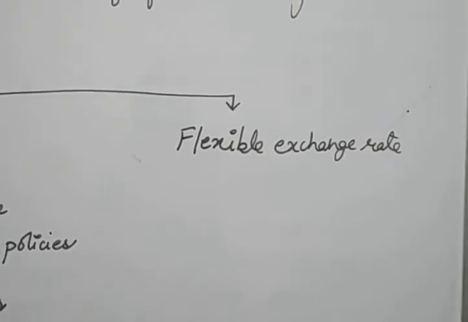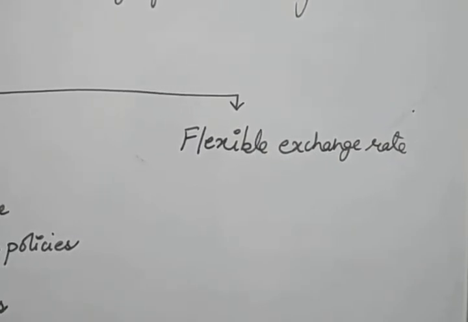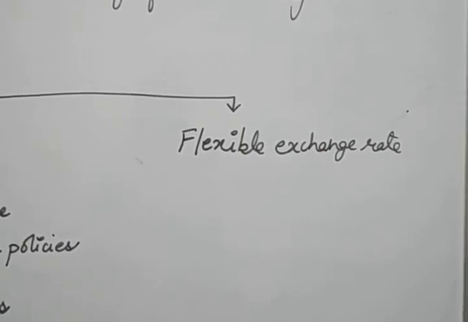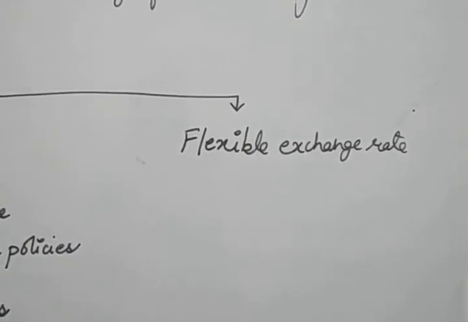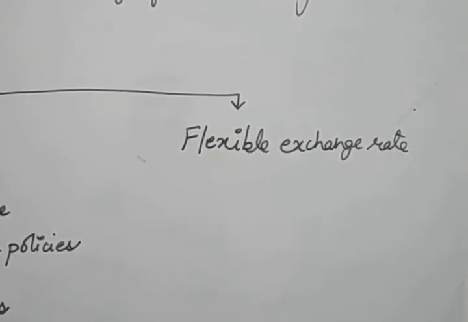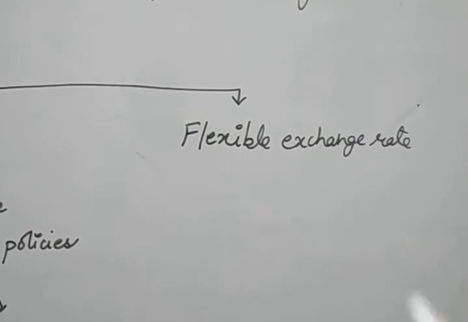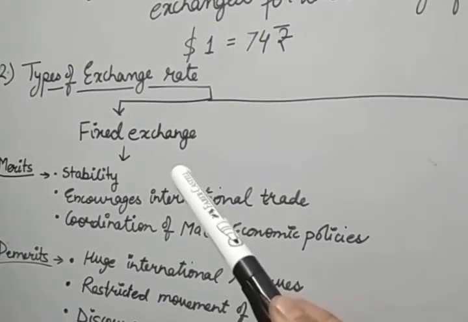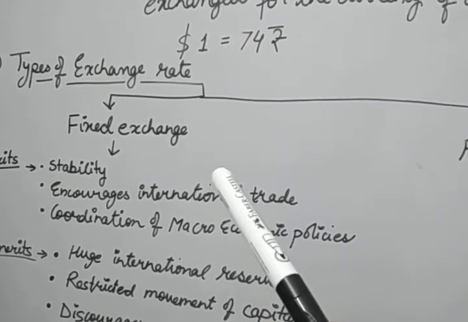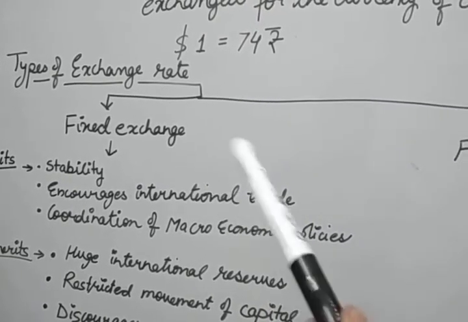Here the value of currency is allowed to fluctuate or adjust freely according to the change in demand or change in supply of foreign exchange, and there is no official intervention in the foreign exchange market. Whereas we discussed that in the fixed exchange rate system, there is interference of the government or the financial authority, just like the RBI.